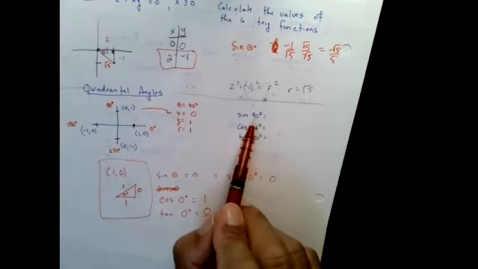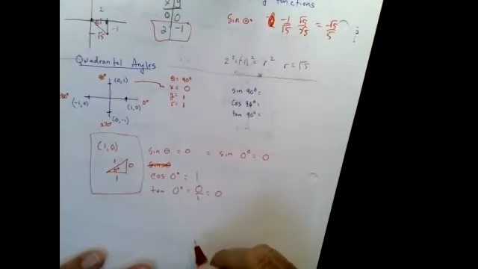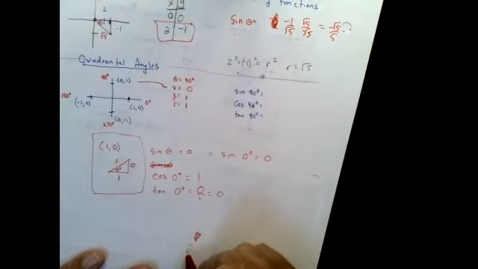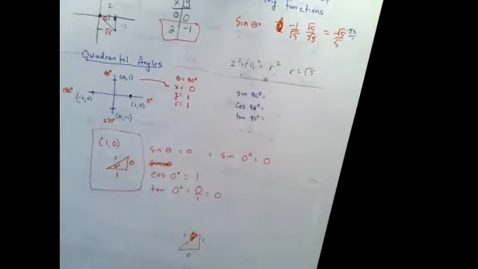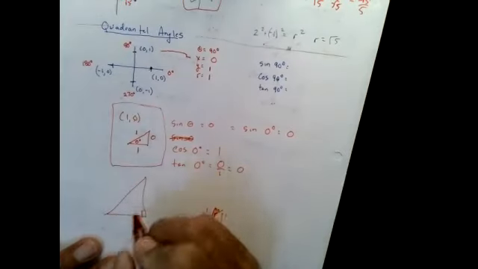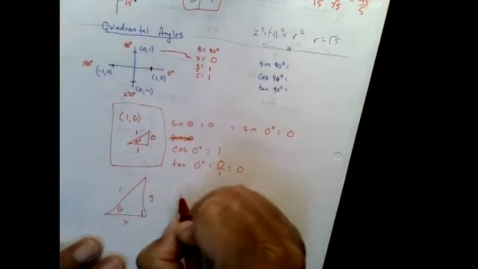So if I asked you, what's the sine of 90 degrees? Again, that would be like drawing this triangle where I go over 0 and I'm going up 1. If I took this triangle, this is theta, this is x, this is y, this is r.